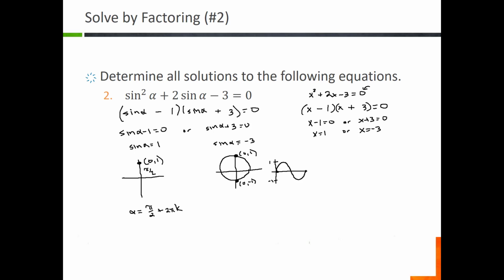Well, the answer is that it doesn't. So this part of the equation does not give me a solution, or you could say it does not exist. So there is no solution for this half of the equation, which means the only solution to my original equation is pi over 2 plus 2 pi k.